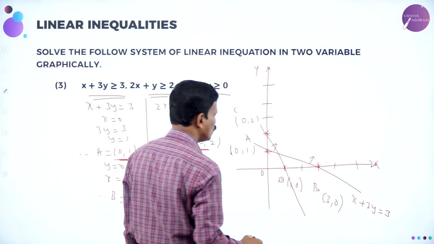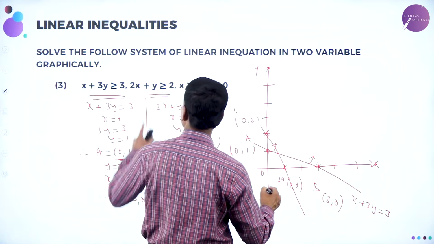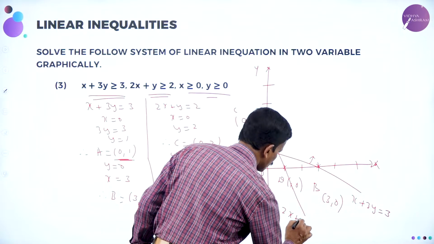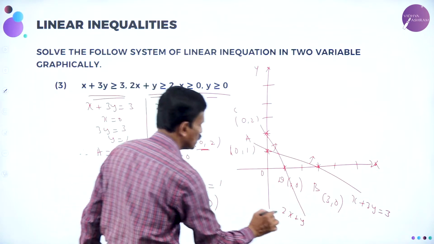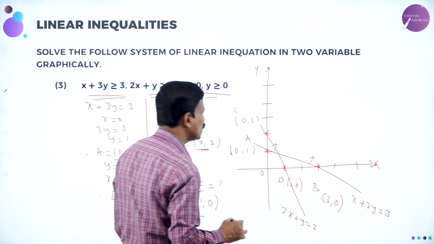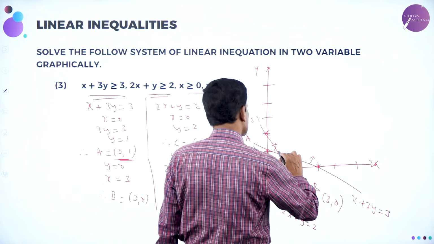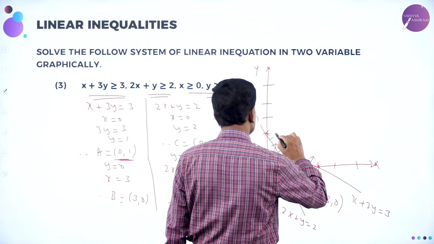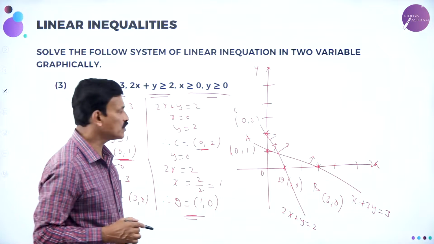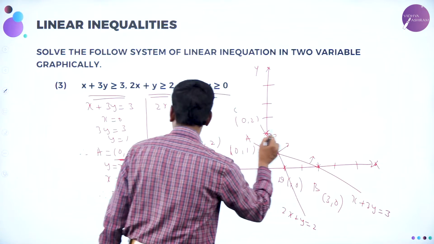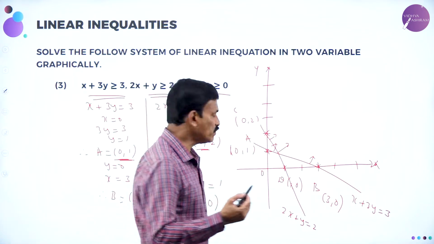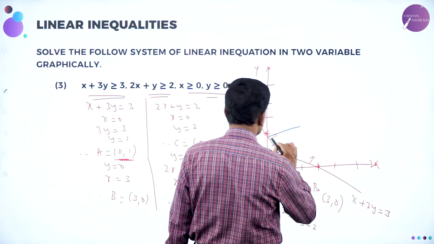The condition is 2x plus y is greater than or equal to 2, which means this is again away from the origin. So, the feasible region you are going to get is this feasible region.